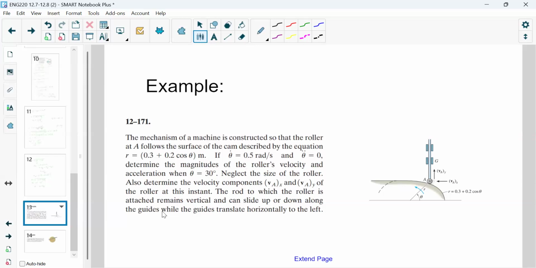Are we good in the classroom? I still have some folks writing in the classroom. Is that correct? While they're writing, yeah, you can do it either way.